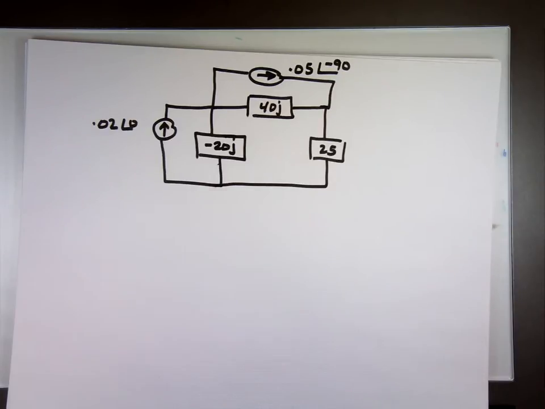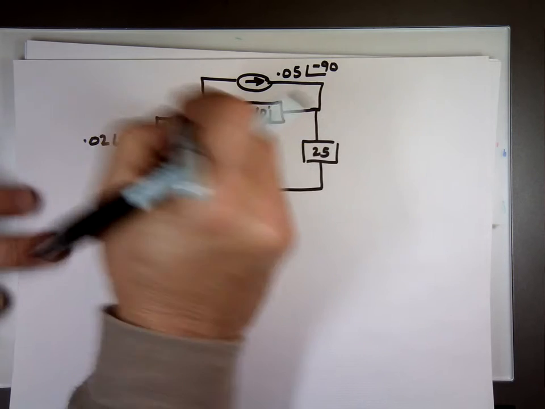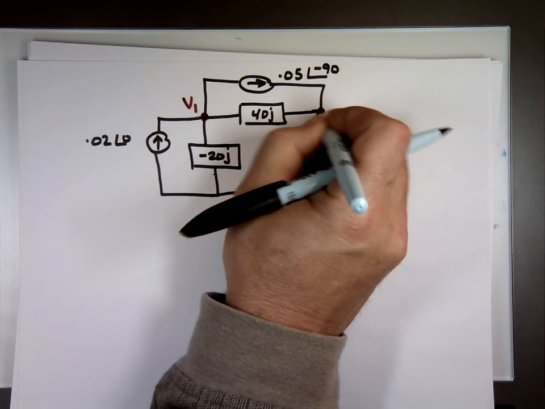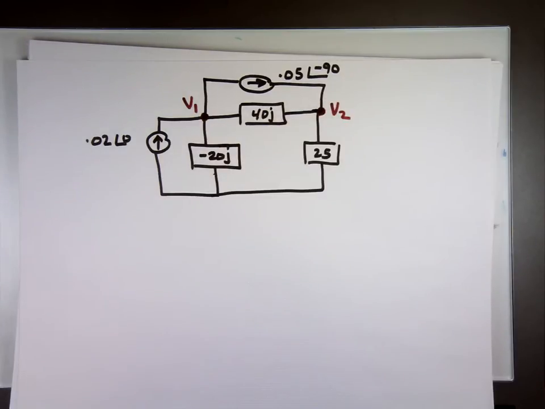What was the question here? Use nodal analysis to find what? V1, V2. So this is V1, and this is V2. I can assign current any direction I want to.